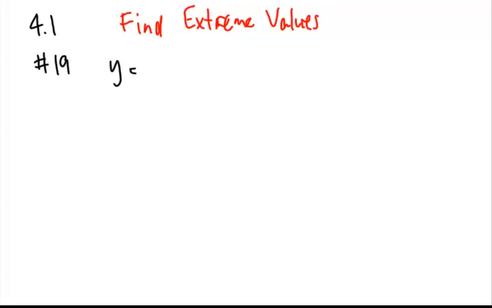Section 1, number 19. We want to find extreme values. Our function on this is 2x squared minus 8x plus 9.